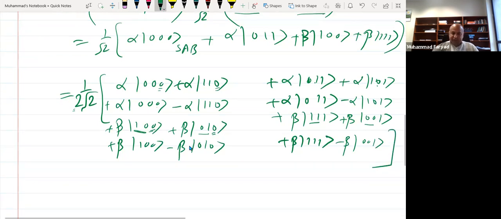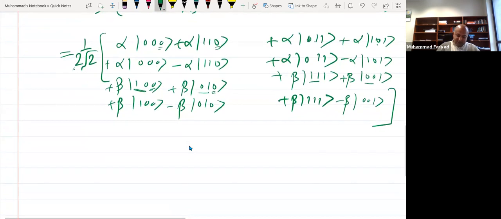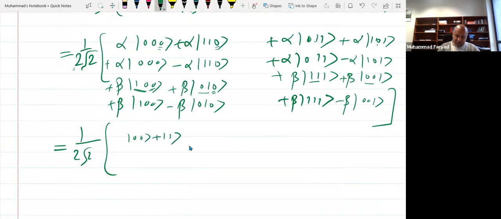Now, let me take things common. So over here, I can take 0, 0 plus 1, 1 on this side, and alpha 0 will be common. And similarly, from this thing, I see that this is also a state 1, 1 plus 0, 0, and with beta 1 common.